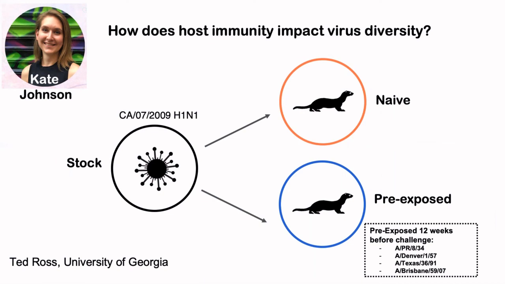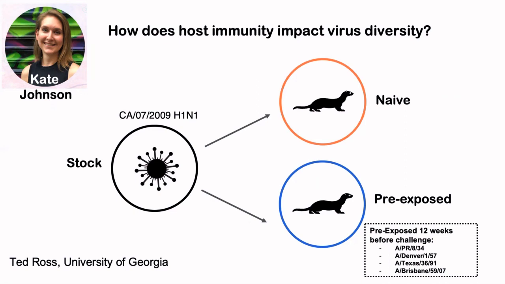So let's say you're a 40-year-old today, you've had multiple decades of exposure to different antigenic variants of flu. So you have antibodies to some of these antigenic variants. Now, if you're a baby, you haven't been exposed, so you're considered naive. Does the virus evolve differently in somebody that's had multiple exposure versus somebody that's never been exposed?